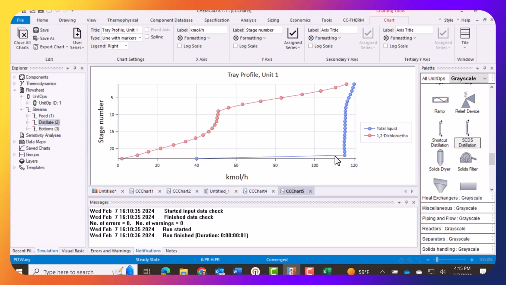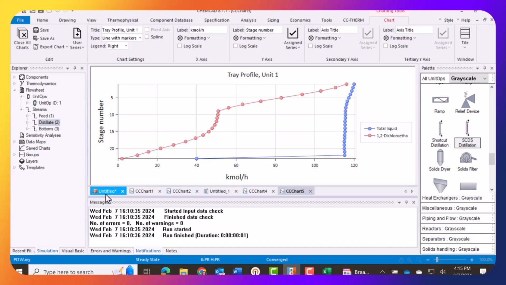Now, they recommend that you try several variations. For instance, they want you to get a distillate product that is 92 mole percent dichloroethane and a bottoms of 8% dichloroethane.